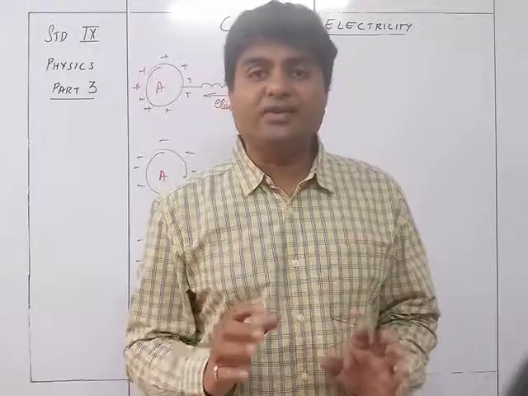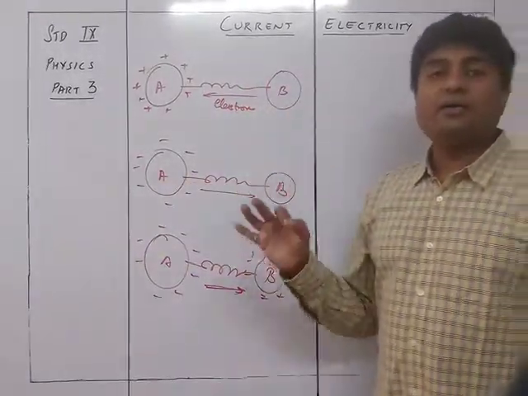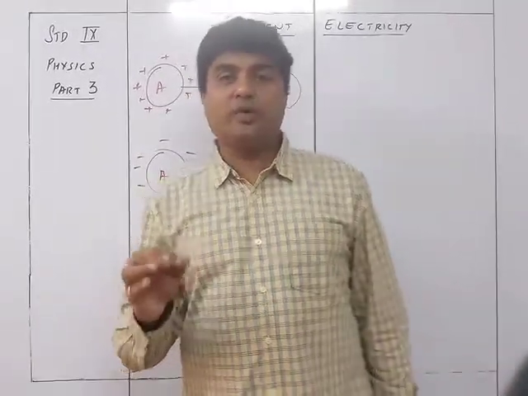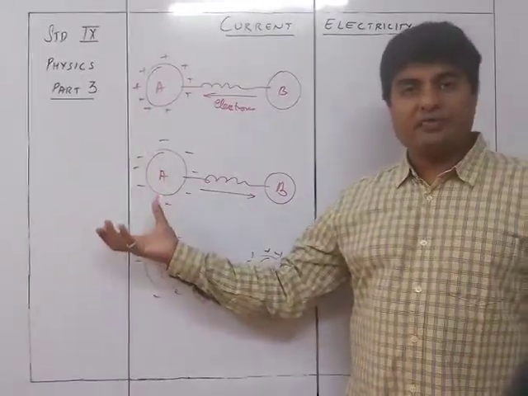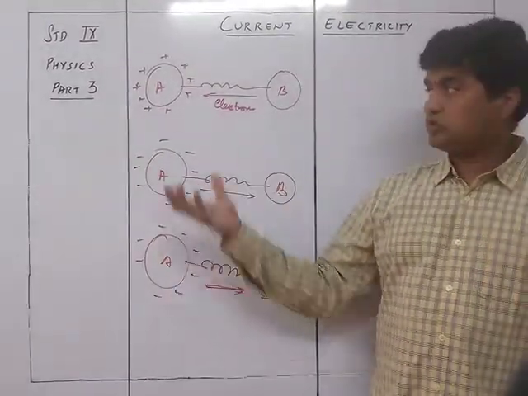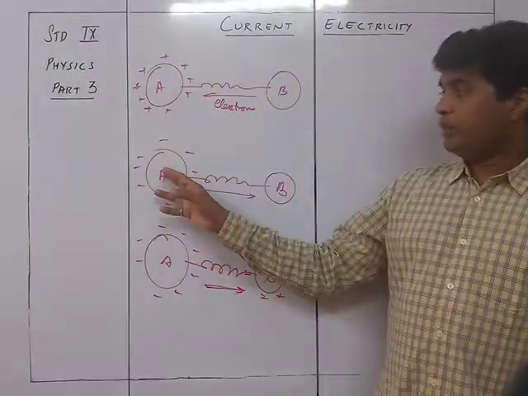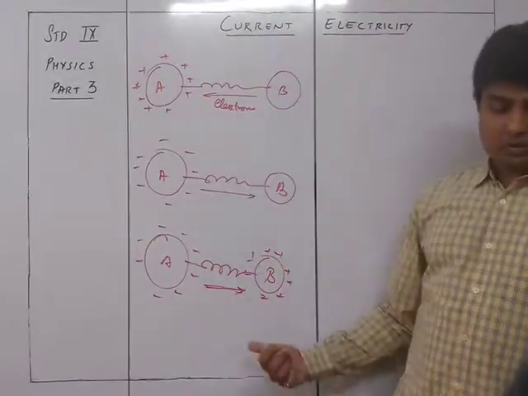It is only the negative charge which moves from one point to another point. So the flow of electrons is going to be from a higher number of electrons to a lower number of electrons. This is lower electrons, this is higher electrons, so from here to here. More electrons, less electrons, from here to here.